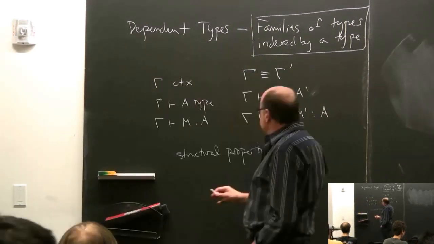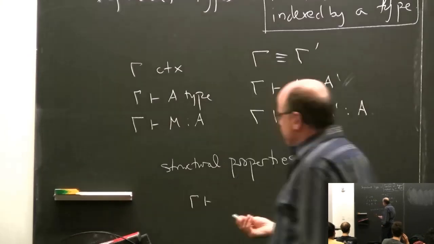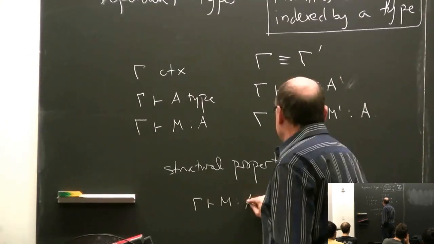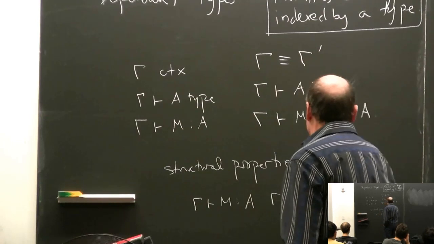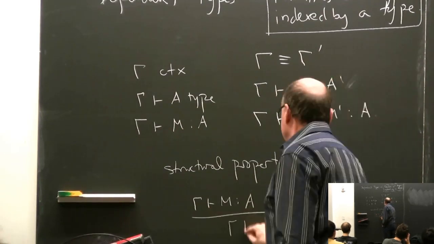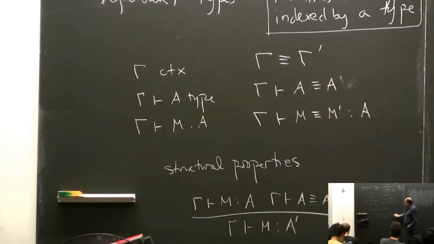And we have another kind of structural property, which is new here compared to the propositional case: typing respects definitional equivalence. That's a new thing, because in the simply typed case, there's no non-trivial definitional equality of types, so this is never worth mentioning.